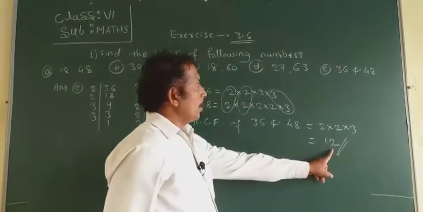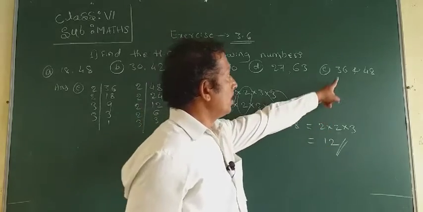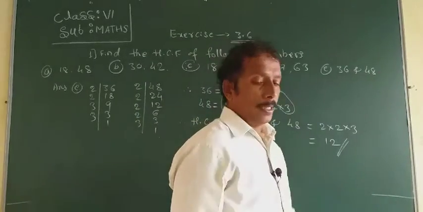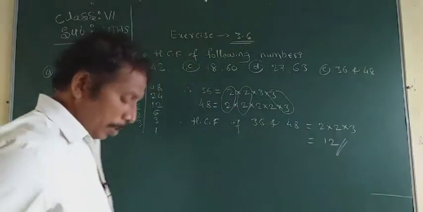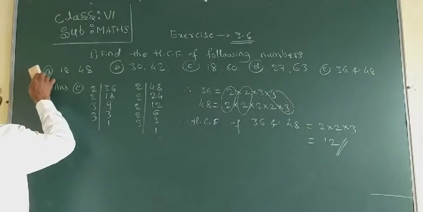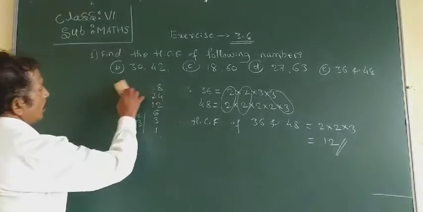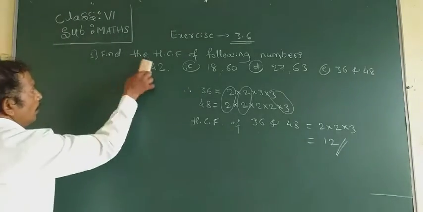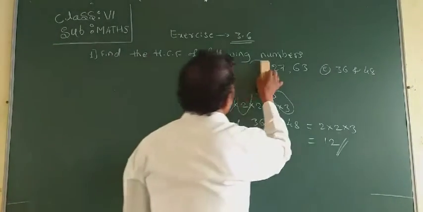Now 12 is the highest common factor of 36 and 48. Similarly students, try to find the HCF of any two given numbers.